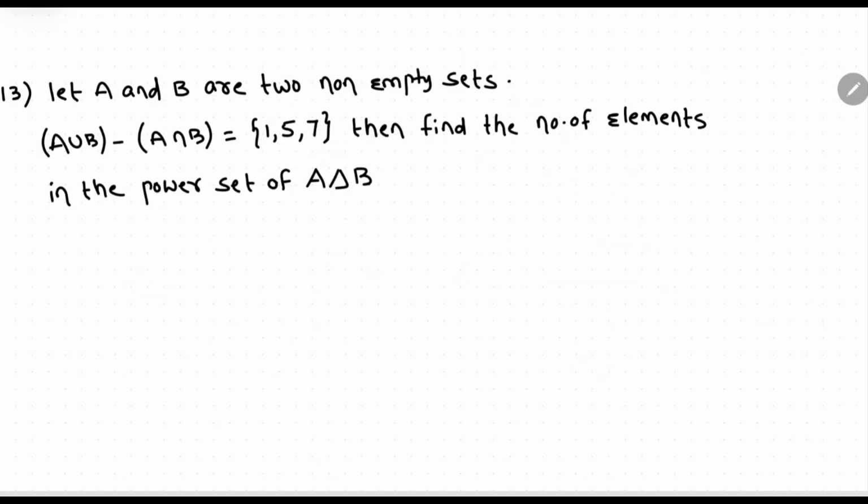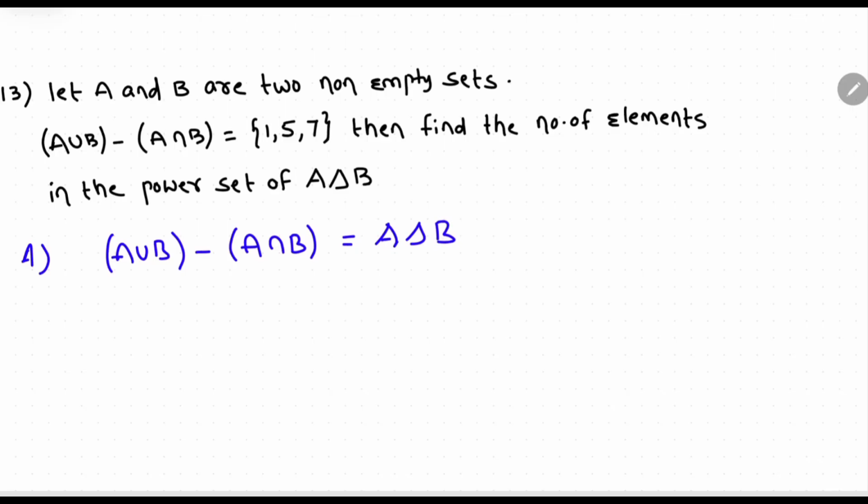Okay, now here we are having A union B minus A intersection B. It is the formula for the A delta B actually.